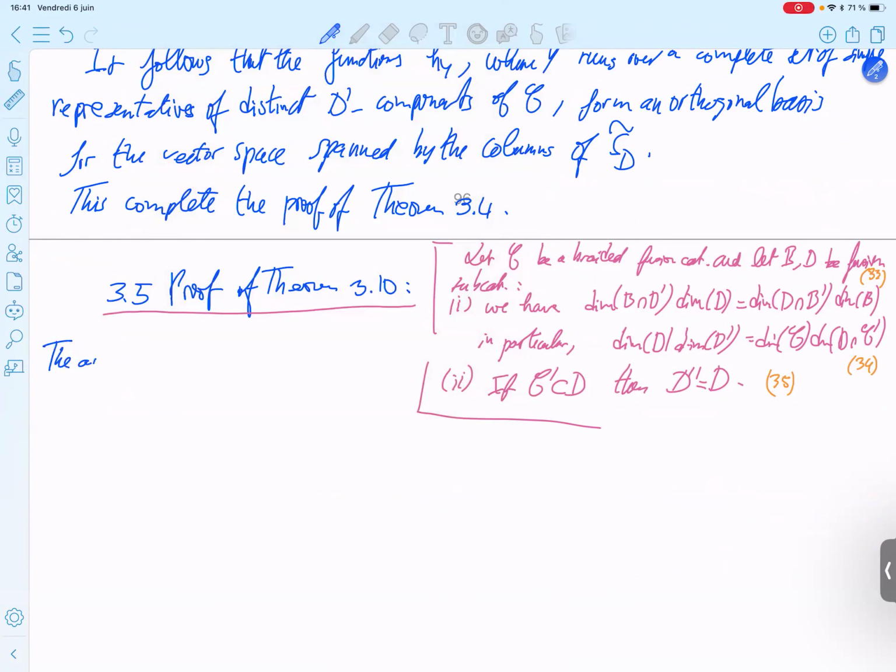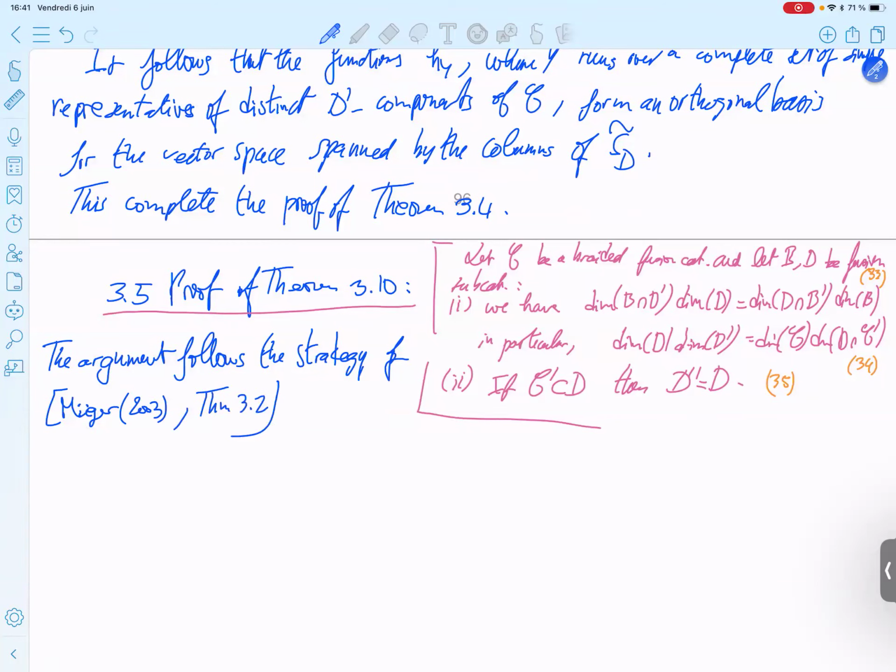So the argument follows the strategy of Muger, 2003, theorem 3.2, where the identities 34 and 35 were established in the pseudo-unitary case.